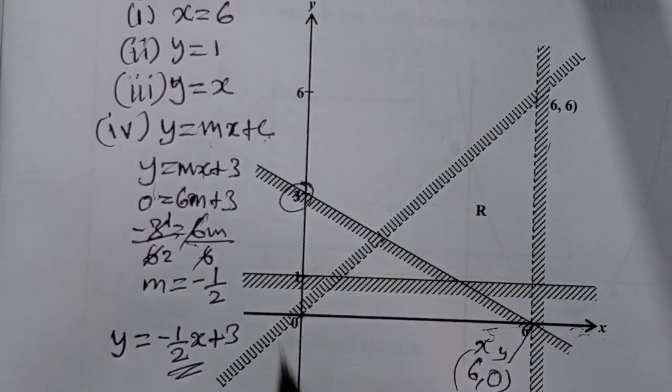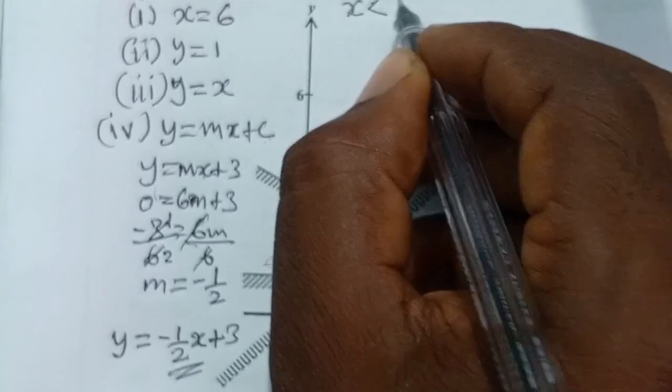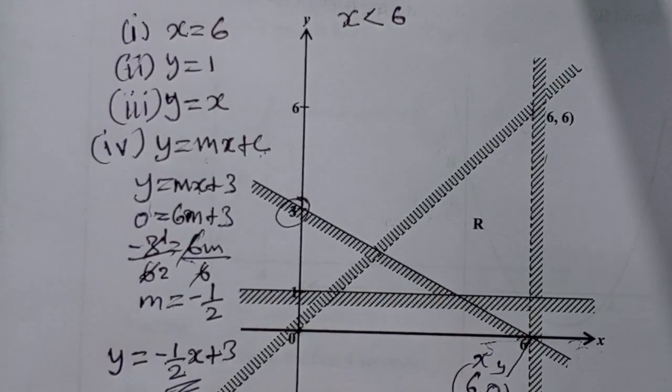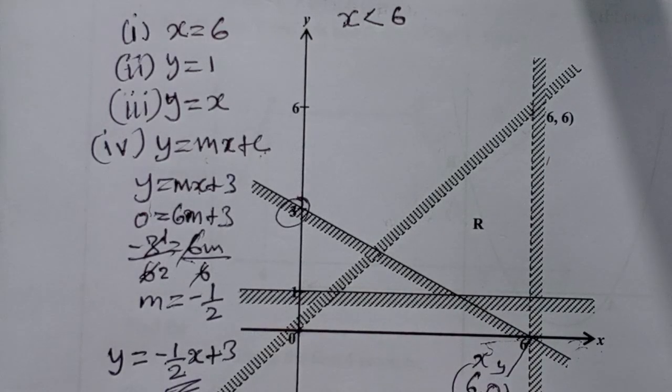So the equation number 1 is x is less than 6. Why is it less than 6, not equal to 6? Why is it not x is less than or equal to 6? Because this is a dotted line. So it is going to be x less than 6. Then we come to this line.